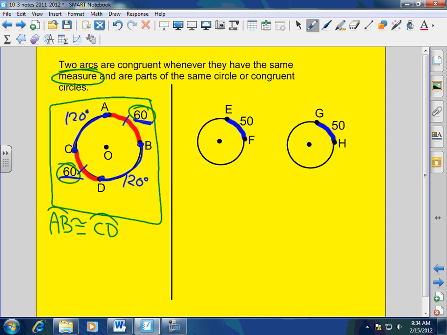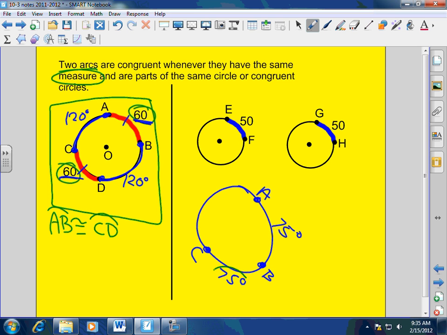Yes? Okay, the question was, could the arcs be placed in different parts of the circle? If I have this circle, and I tell you that arc AB is, whatever, 75 degrees, but then I say that arc BC is also 75 degrees, what are the criteria here?